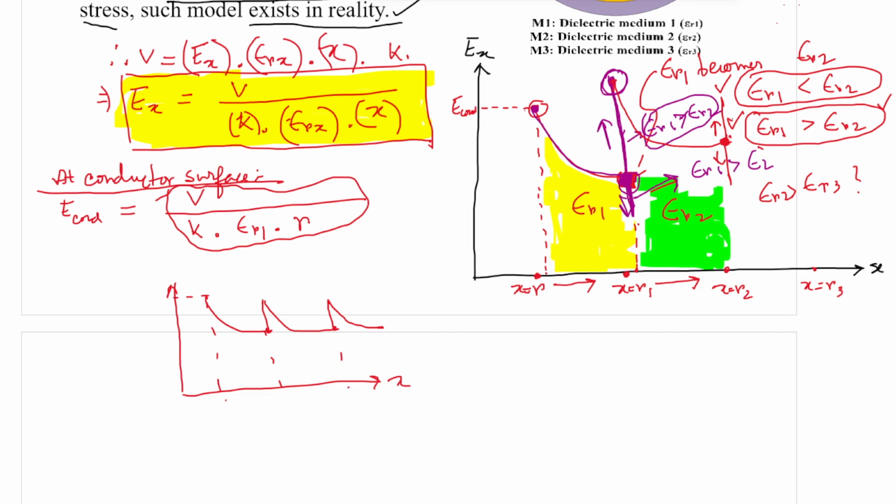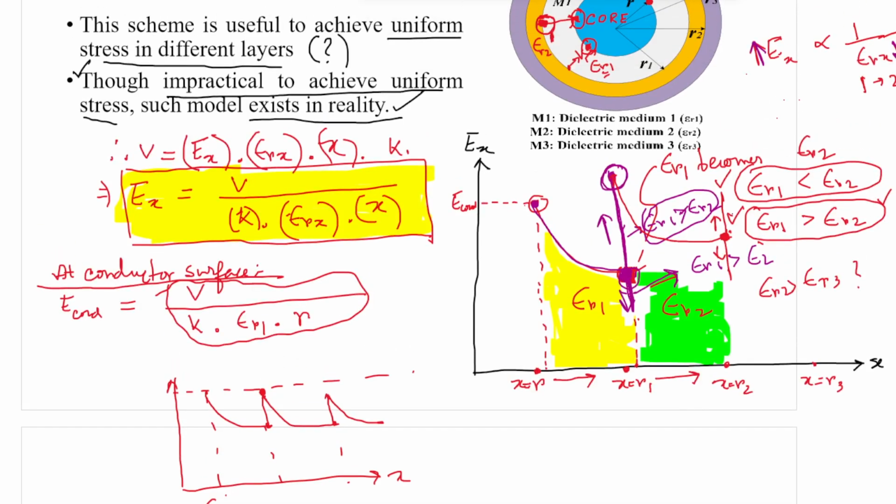Now, theoretically, it is nicely explained that if the products epsilon R1 into R1, epsilon R2 into R2, and epsilon R3 into R3 can be made equal, at least theoretically, then it is nicely observable that the electric stress on each dielectric interface is equal.